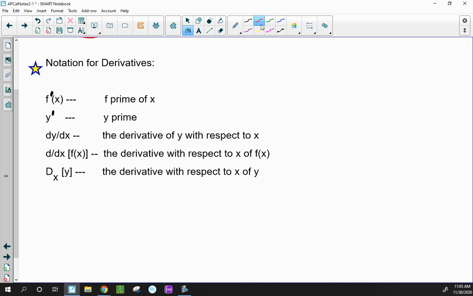So there's all kinds of different ways different authors of calculus textbooks will write derivatives. The top 3 that I have on the board are the most common, I feel like, and the ones I use the most as well. So f prime of x, y prime, and dy dx is the derivative of y with respect to x.